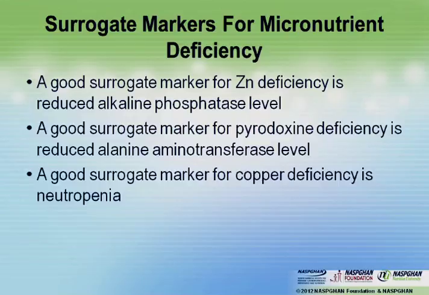Well, if you have copper excess, for example, in Wilson's disease, you're very commonly zinc deficient, and you'll have a reduced alkaline phosphatase. Pyridoxine deficiency is frequently seen in acute malnutrition, and a reduced ALT level is very common in pyridoxine deficiency. And neutropenia is a very good marker for copper deficiency.